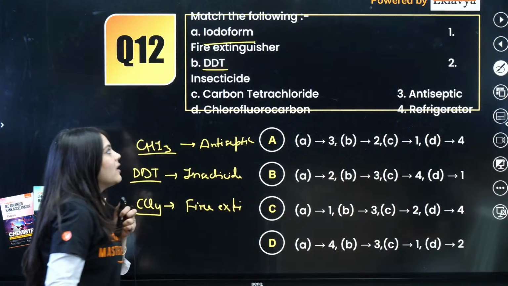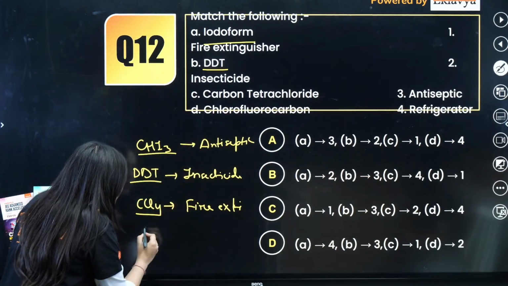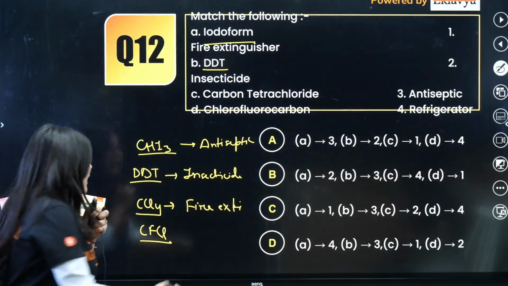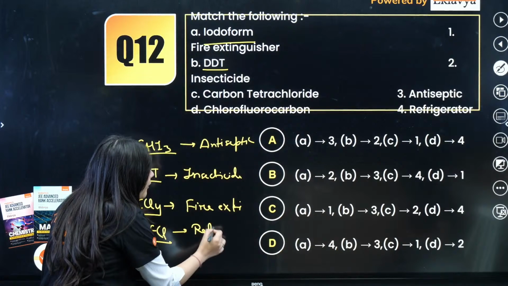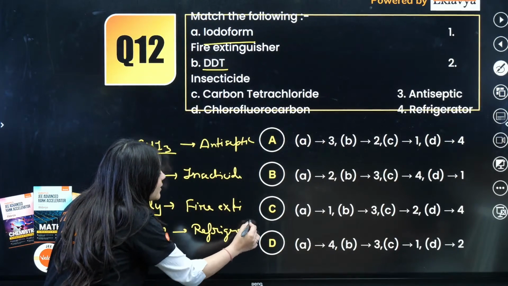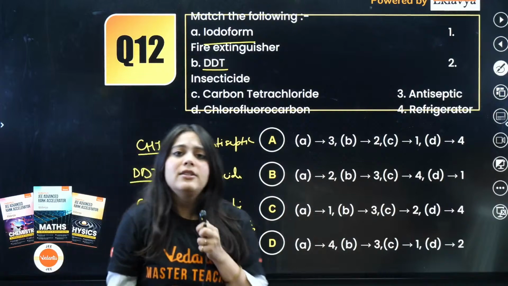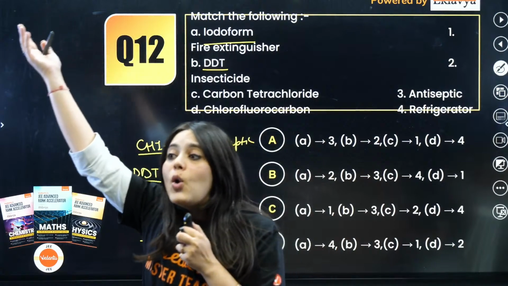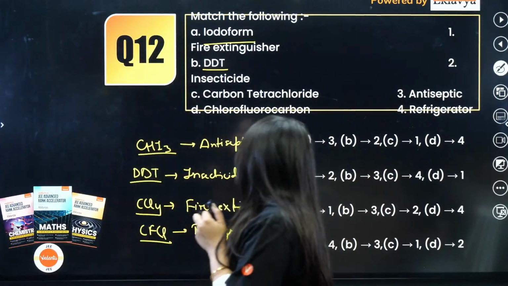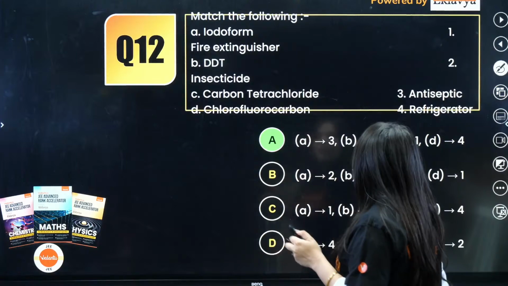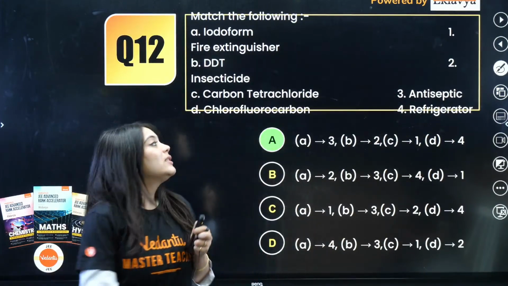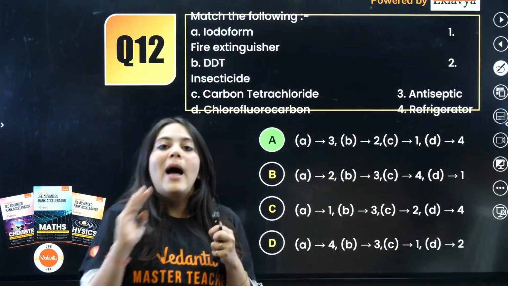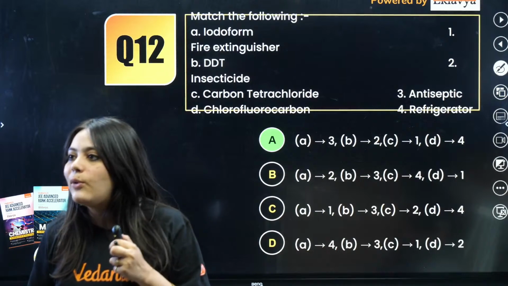And chlorofluorocarbons are very famous as refrigerants, and right now their uses have been minimized because they are responsible for the hole in the ozone layer. You might not be able to see the match column very clearly, but I already told you the answers. If you matched it in that way, then your answer is absolutely correct.